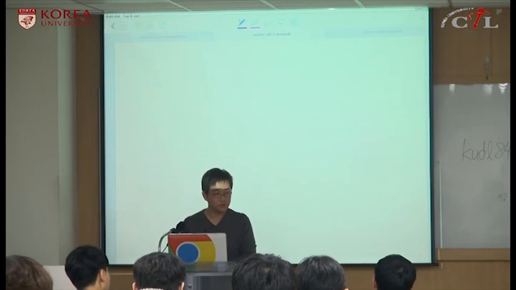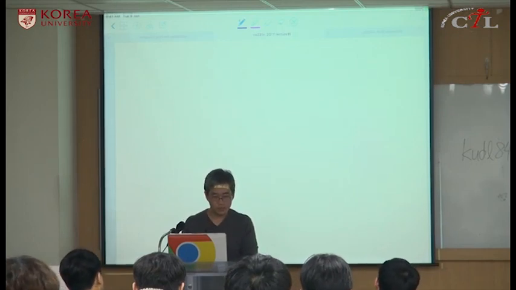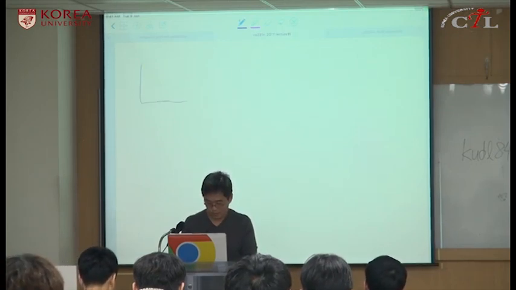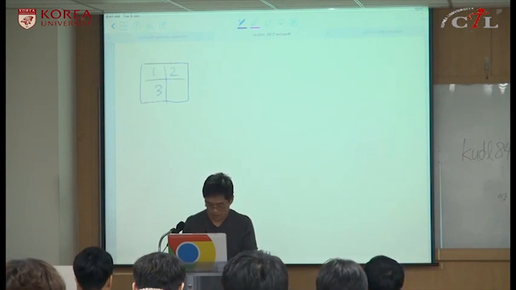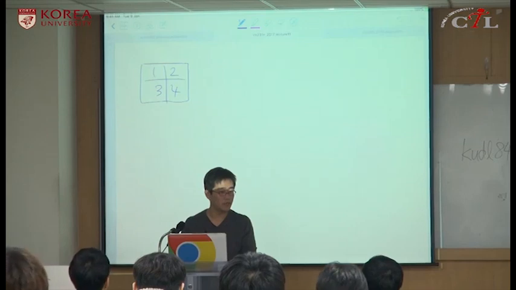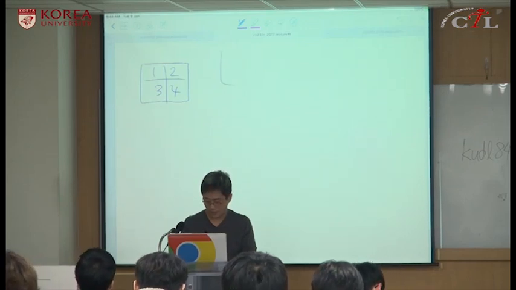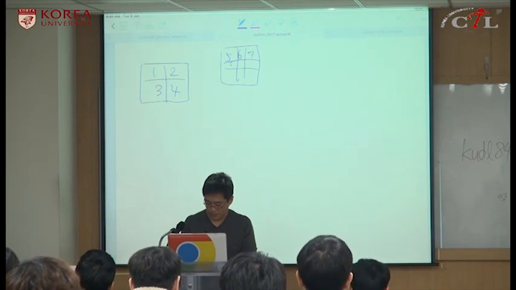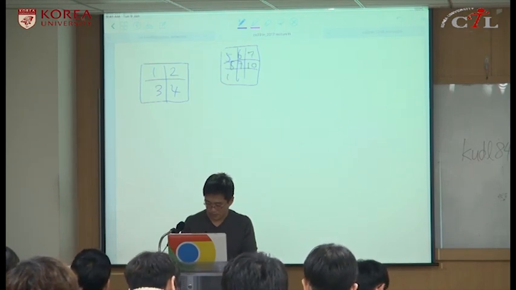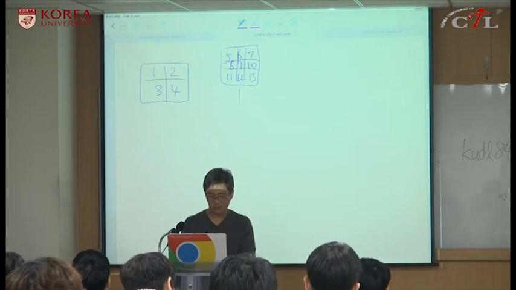let me show another example so that I can help you understand a little bit better. So suppose this is our activation map, and our filter is 5, 6, 7, 8, 9, 10, 11, 12, 13. So this is our filter.